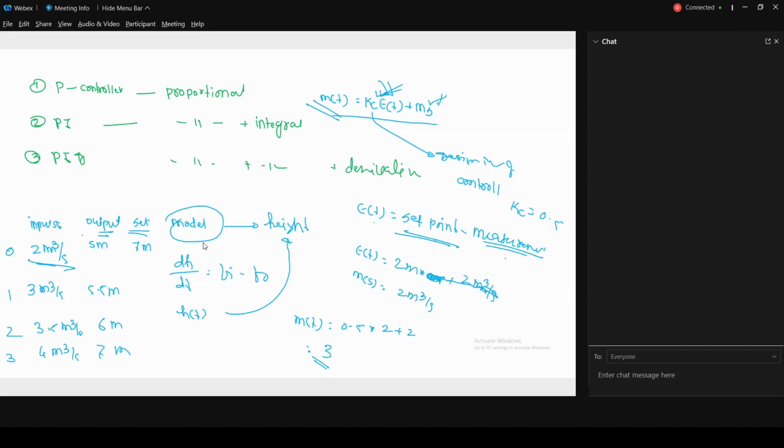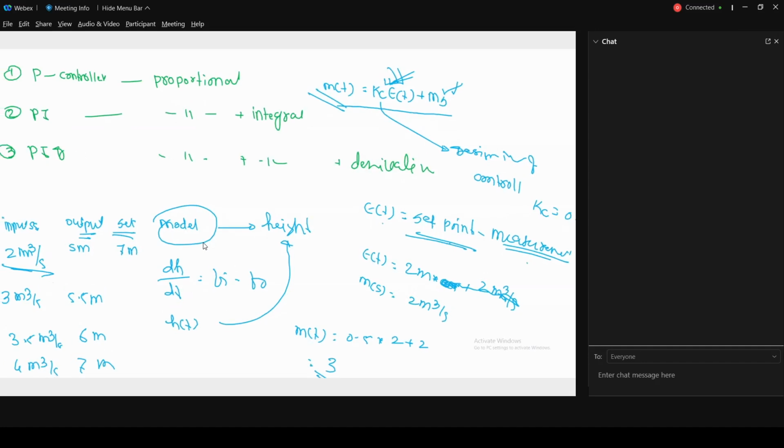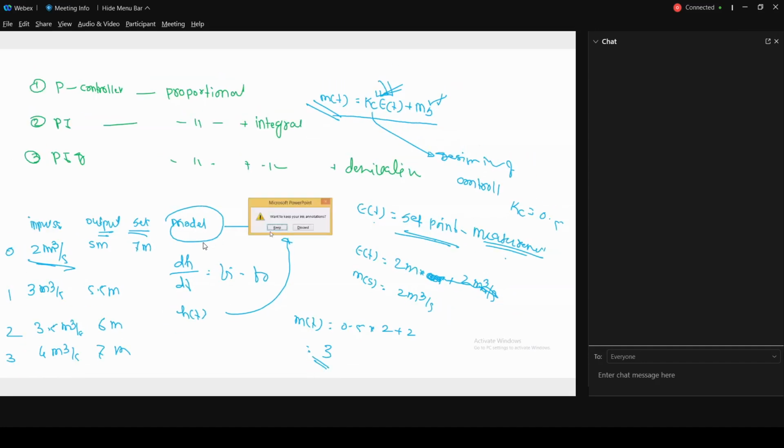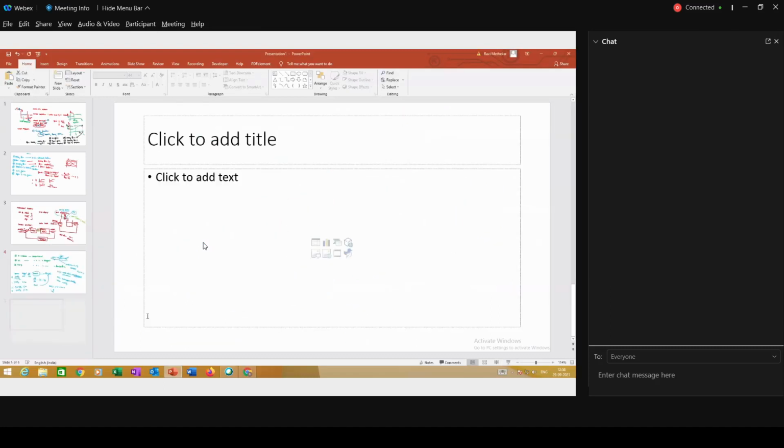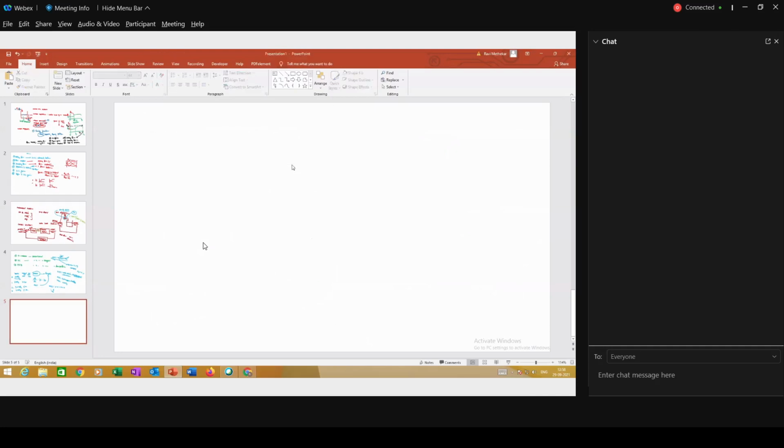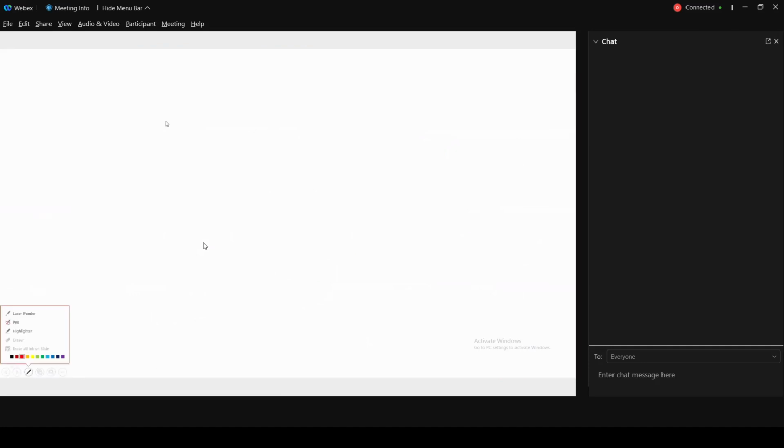Now in PI controllers, you can add the integral terms. So in proportional controllers, we saw this, and in PI controllers, we add these terms.